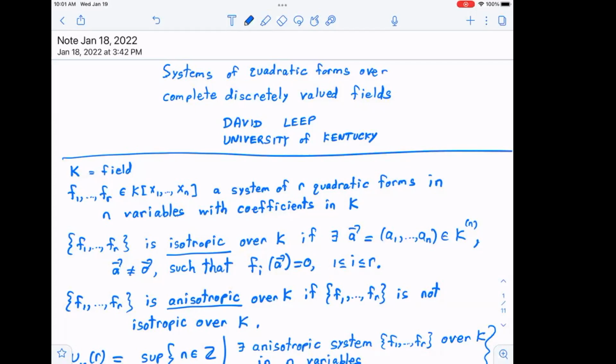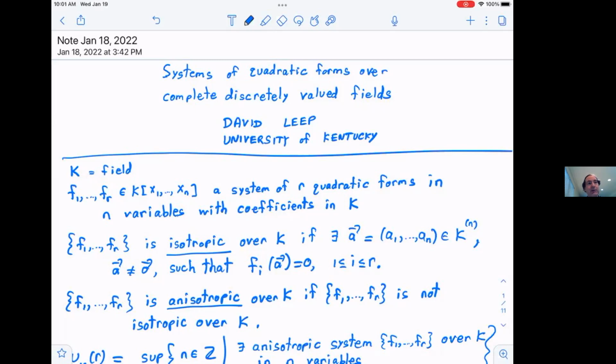It is interesting to know whether a quadratic form with coefficients coming from some field has a non-trivial zero. Famous examples: an easy one would be a quadratic form with coefficients in a finite field always has a non-trivial zero if the quadratic form has at least 3 variables. That's easy to prove.